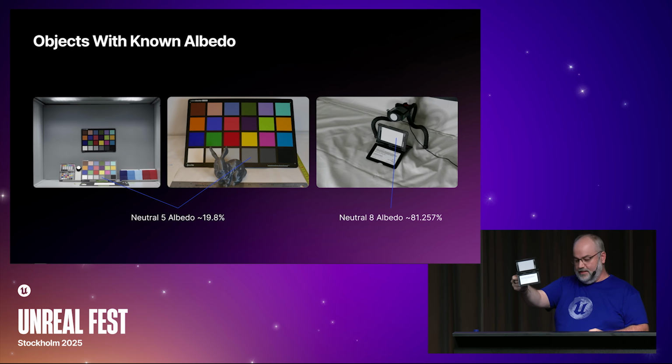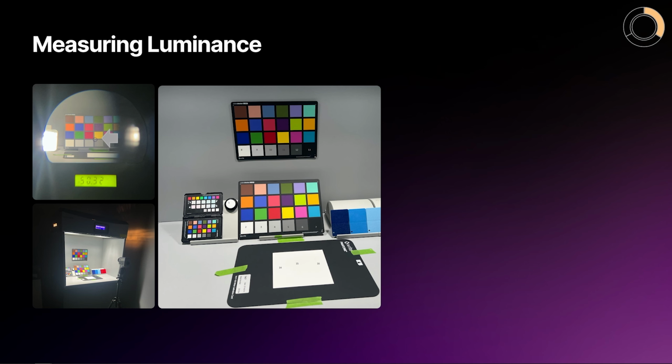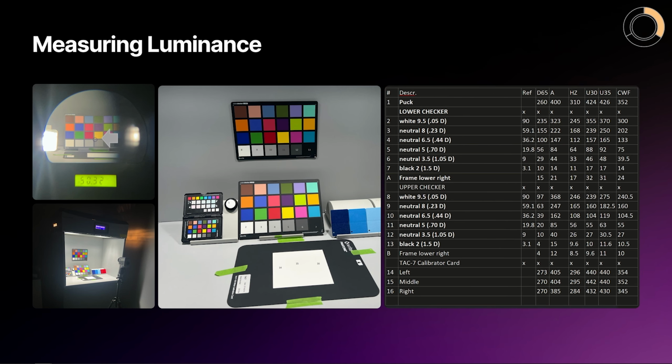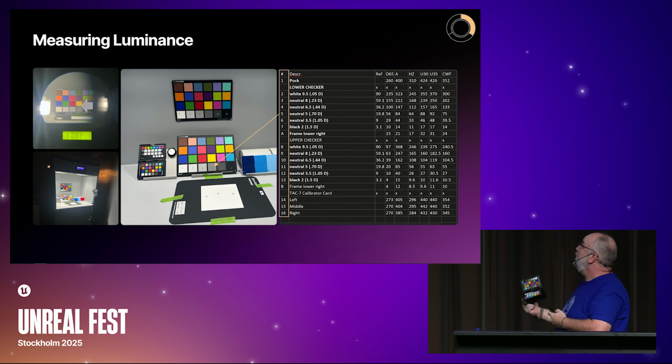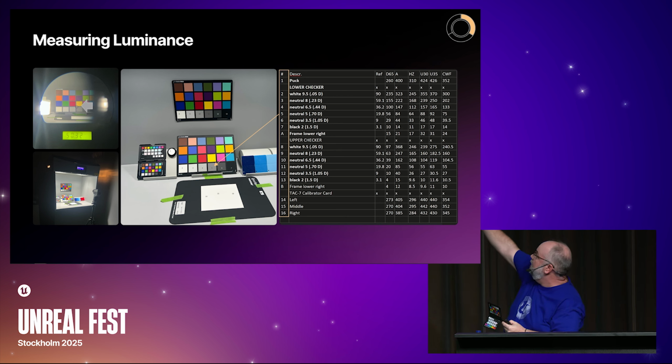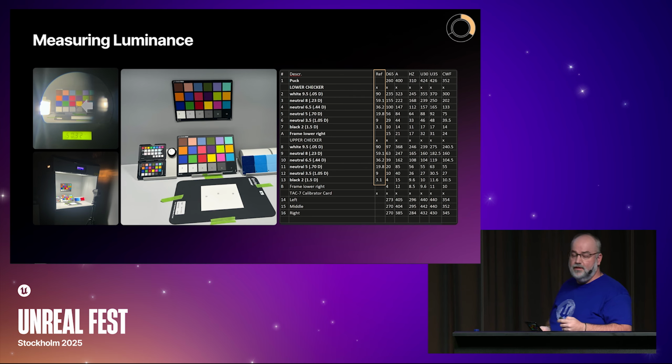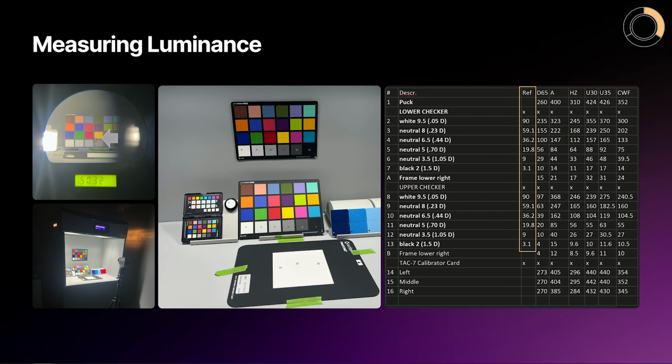So I shot this side first, sorry. We shot this guy. These all have a known reference. I decided what I was going to measure, and that's the first column of numbers. Then I took the reference measurement, because I know what these are, and I documented them.